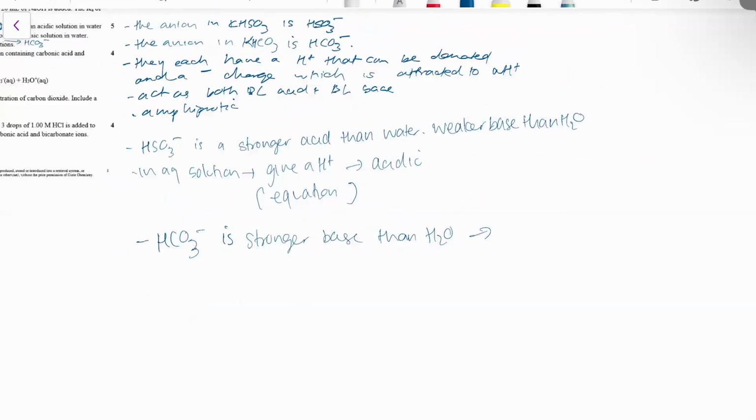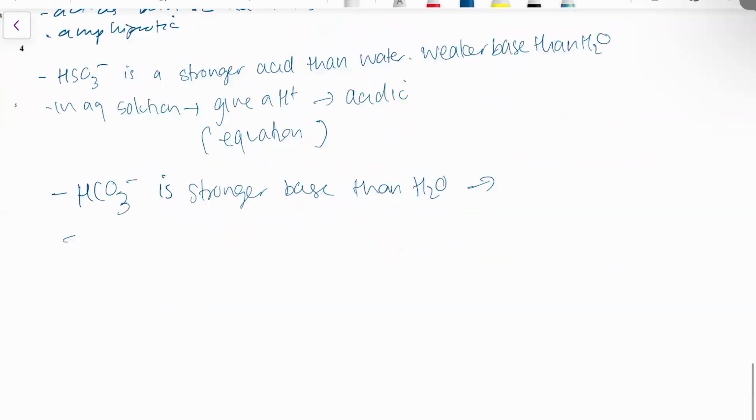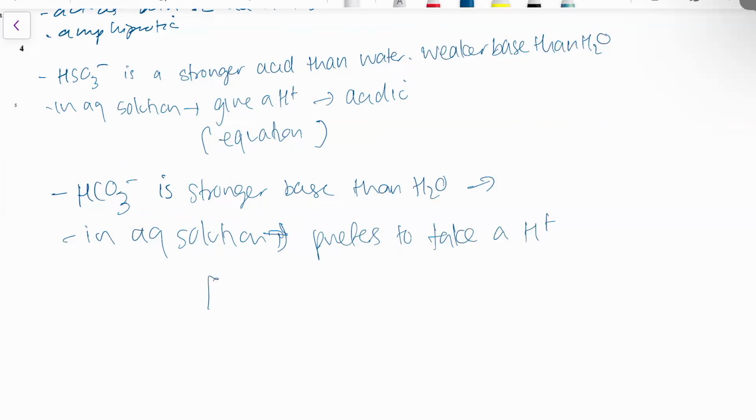So that'll leave water to be the acid. If it's a stronger base, then in aqueous solution, it prefers to take a proton. And then when you go to write the equation for HCO3 minus, you'll end up with OH minus on the right-hand side.